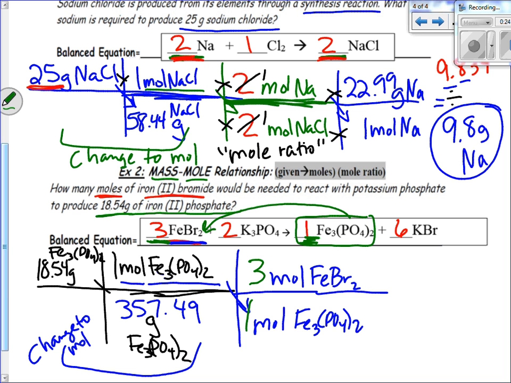Now I can calculate. Okay? So 18.54 times 1 times 3, so you can kind of leave out the 1 on top. Multiply the bottom, but once again, one of them's a 1, so you can just divide by the 357.49. And we're going to get our new value. And we get a smaller number, which seems reasonable because moles are usually small.